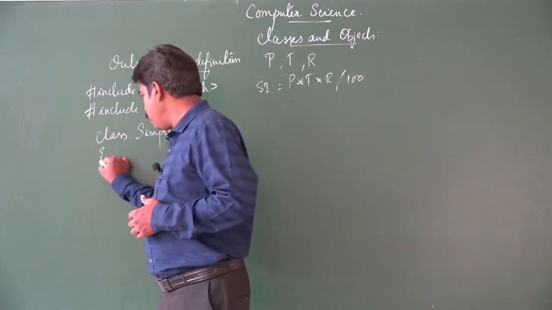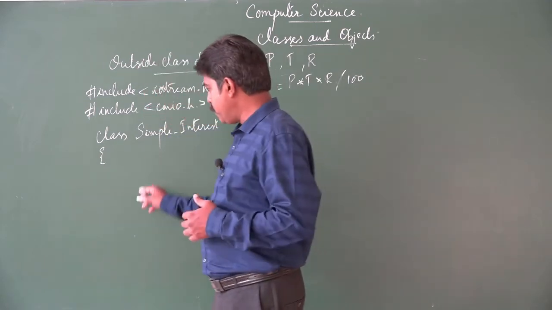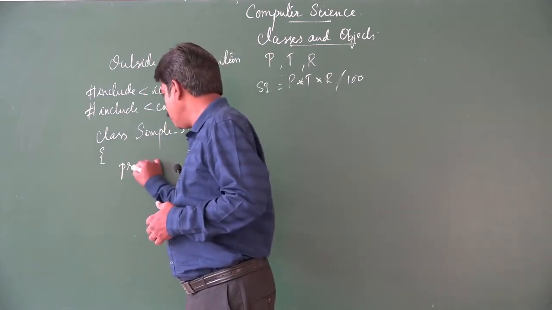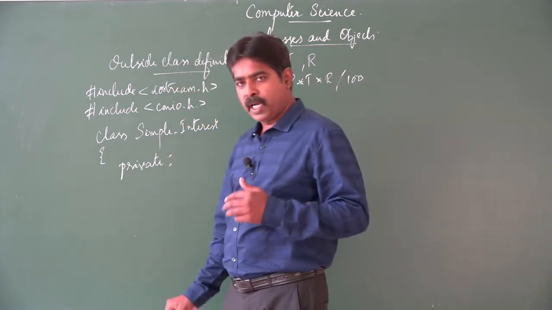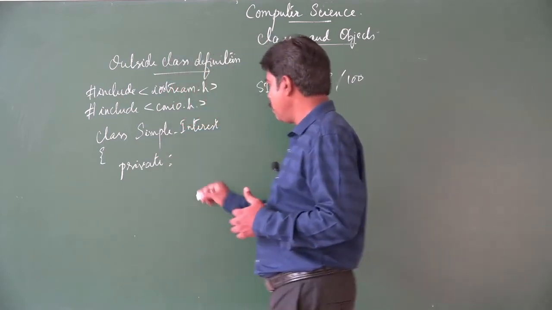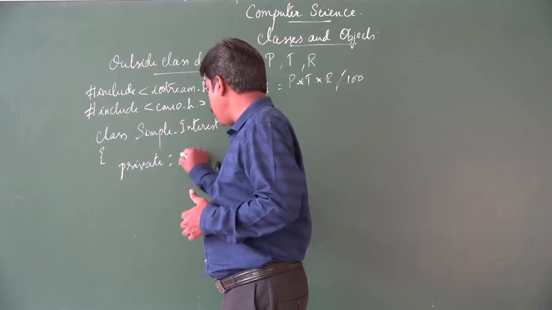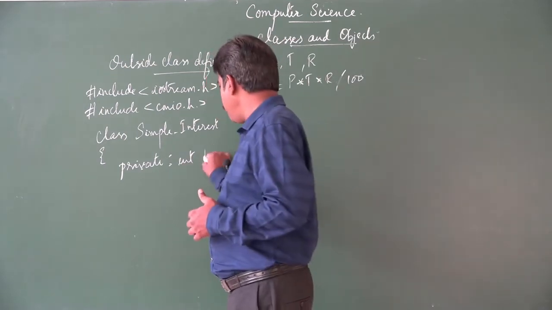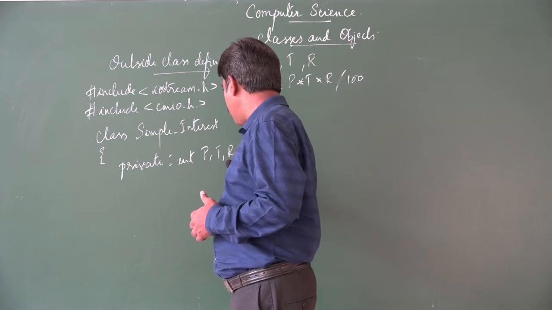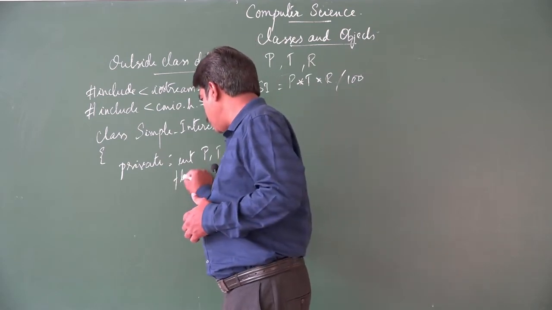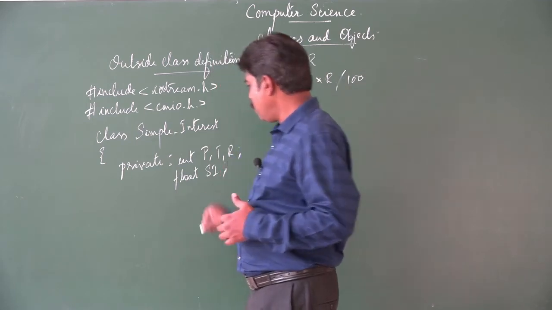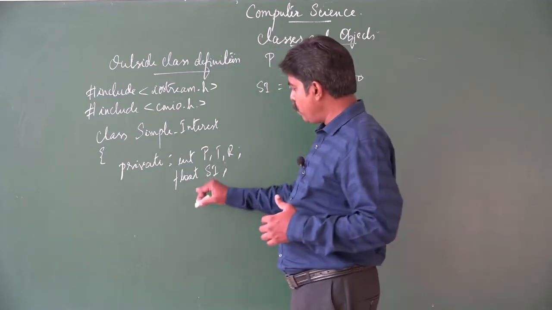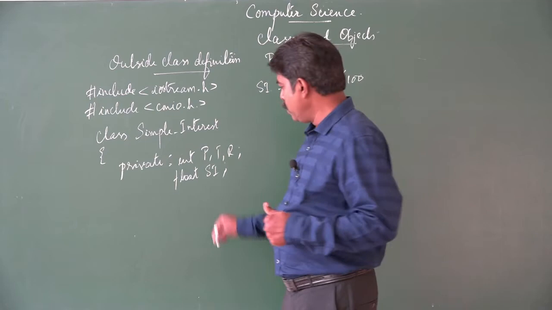Then I open a flower bracket. After that, I am going to establish the private members. The private members, as we discussed last class, the same I am going to take: int P, comma, T, comma, R, semicolon, and a float value SI. That is, SI is the variable where we are going to store the resulting value.